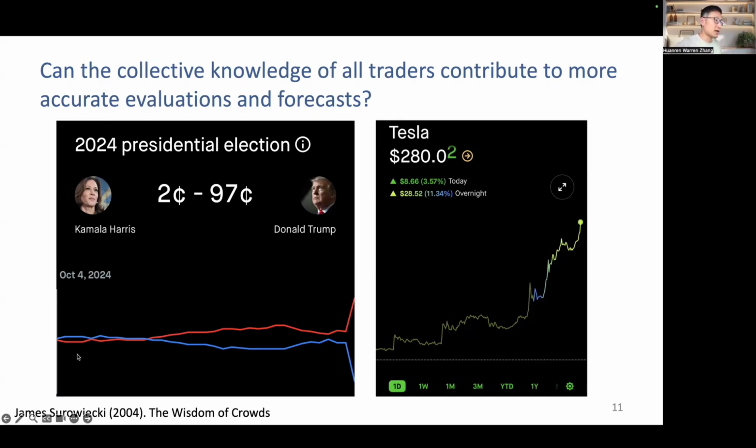And here is the kind of prediction market that predicts the result of the presidential election. So we see that early in the election, when the votes are being counted, the success rate of Donald Trump is actually slightly lower than Kamala Harris, right?